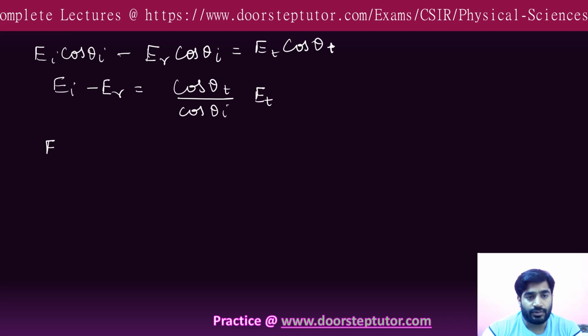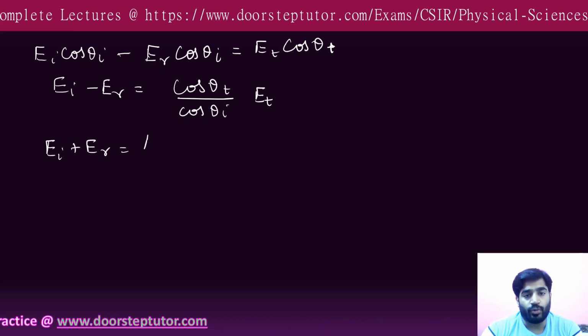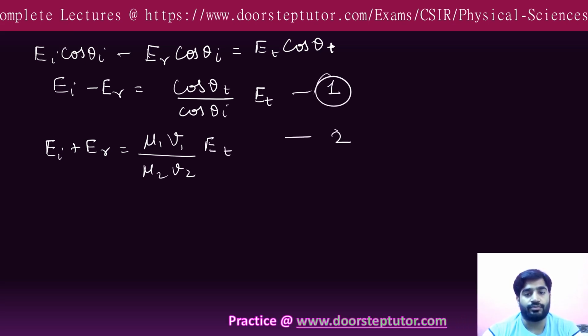Also EI plus ER is mu1 B1 over mu2 B2 times ET. Now solve these 1 and 2.